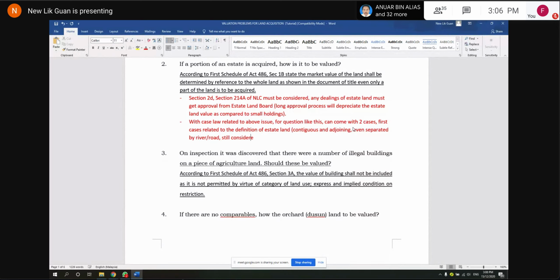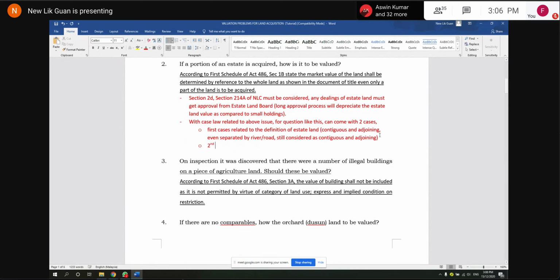And what else to make the answer more perfect? Any other point? The second case: you must find a case that mentions how to value.